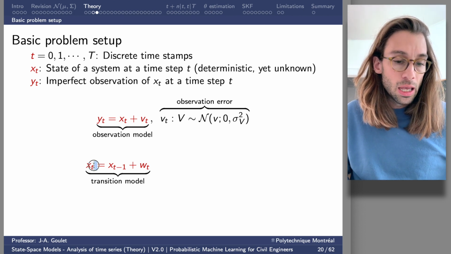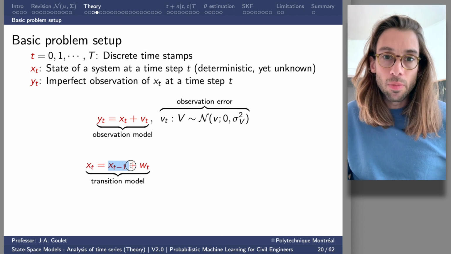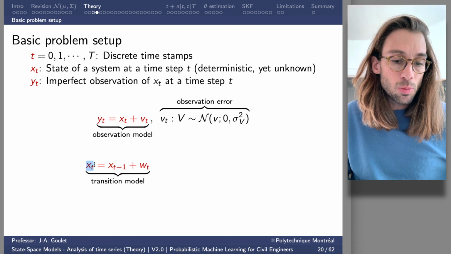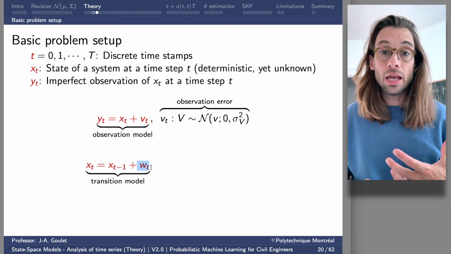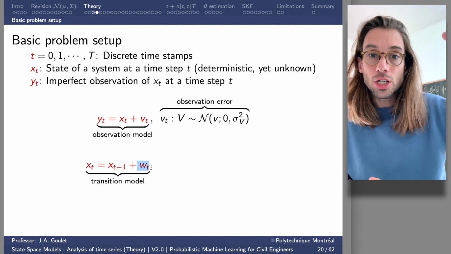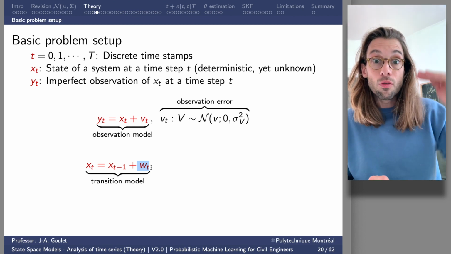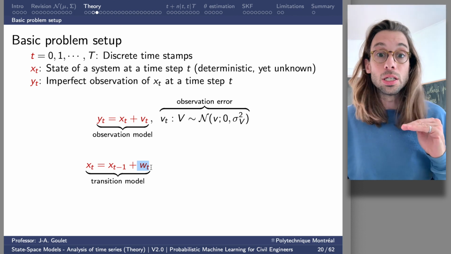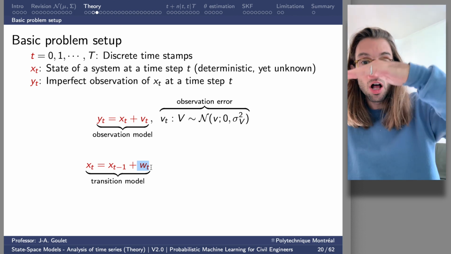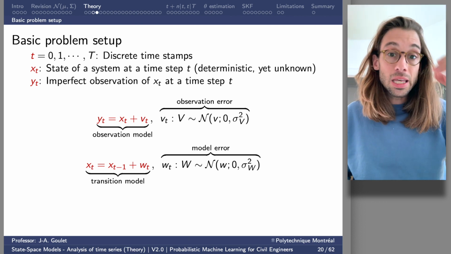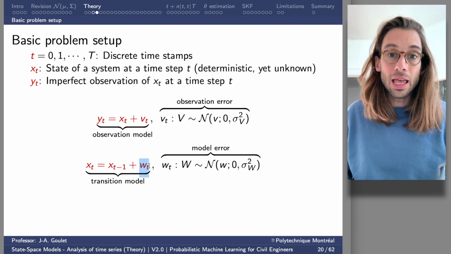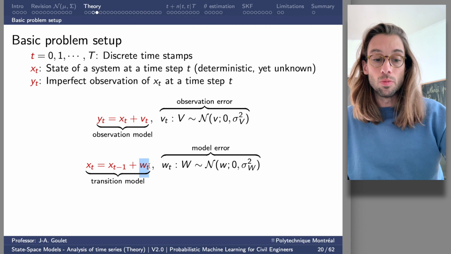So knowing my temperature at time t minus 1, I assume that it's going to be the same temperature plus wt, an error term. There can be an overcorrection from the heating system or from the air conditioning system, which will lead to small fluctuations over time in the room temperature. That wt is the process error in my transition model.